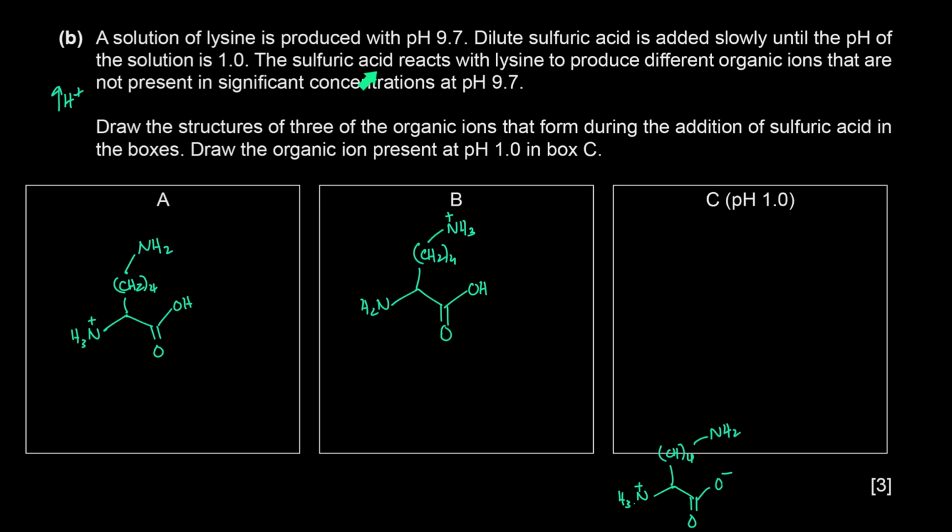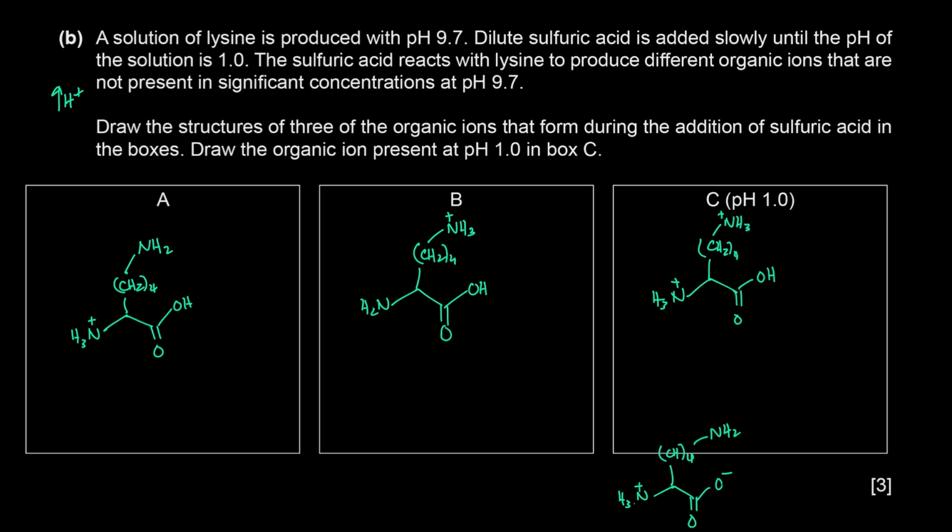If I have a very, very low pH, a pH of around 1 over here, then both the amine groups will get protonated. So you'll have an NH3+ here, and an NH3+ over here as well.